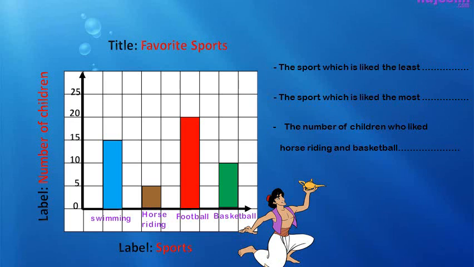Now, still on this graph I have some questions to answer. Which is the sport which is liked the least? From the bar graph I have here, let's look for the least sport. It's horse riding.